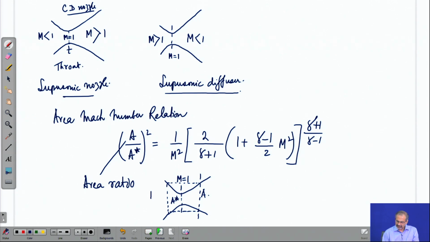And let us say you are having a subsonic flow here while you have a supersonic flow here. That means, for an isentropic flow through a CD nozzle, there are two solutions. One happens to be a subsonic solution, the other a supersonic solution corresponding to a particular area. So, the same area on the two sides of the throat gives you two different Mach numbers.